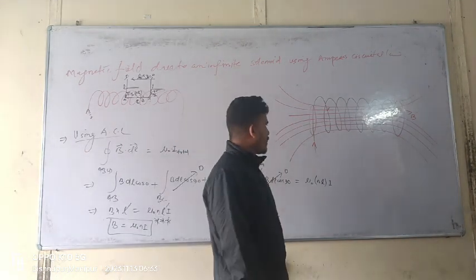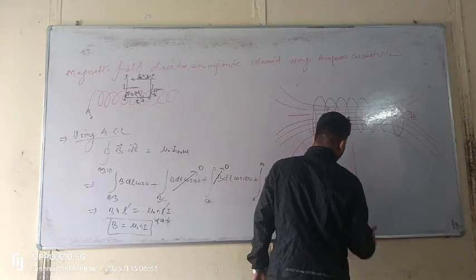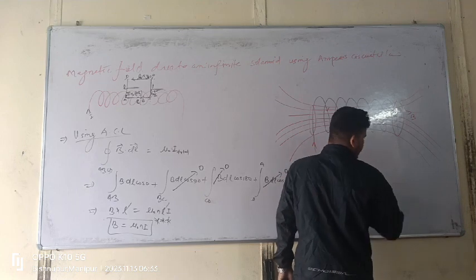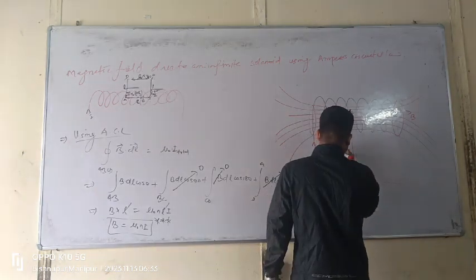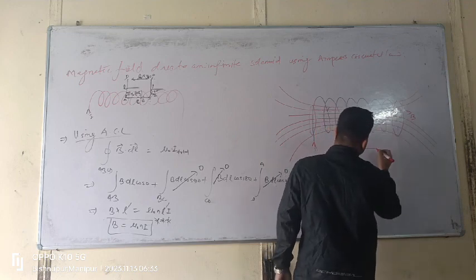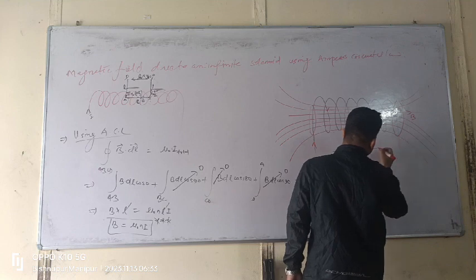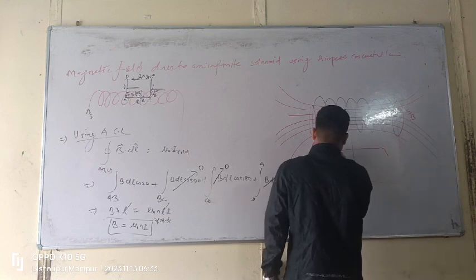Clear? I want to draw the graph of B and X distance. Is it like this? Imagine. And at the ends it got decreased, na?